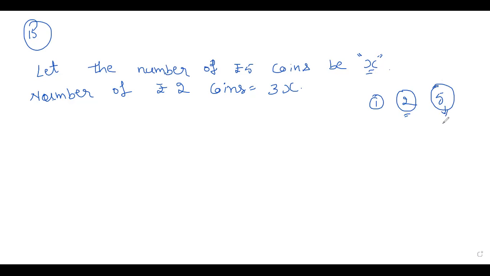So let it be x and it will become 3x. Okay, children. So total number of coins ಎಷ್ಟು ಹೇಳ್ತಾ ಇದ್ದಾರೆ? Total number of coins is 160. 3x coins 2 ಇದೆ, x coins 5 ಇದೆ. What about 1 rupee coins? ಎಷ್ಟಿರುತ್ತೆ? ಹೇಗೆ ಬರೀಬಹುದು?